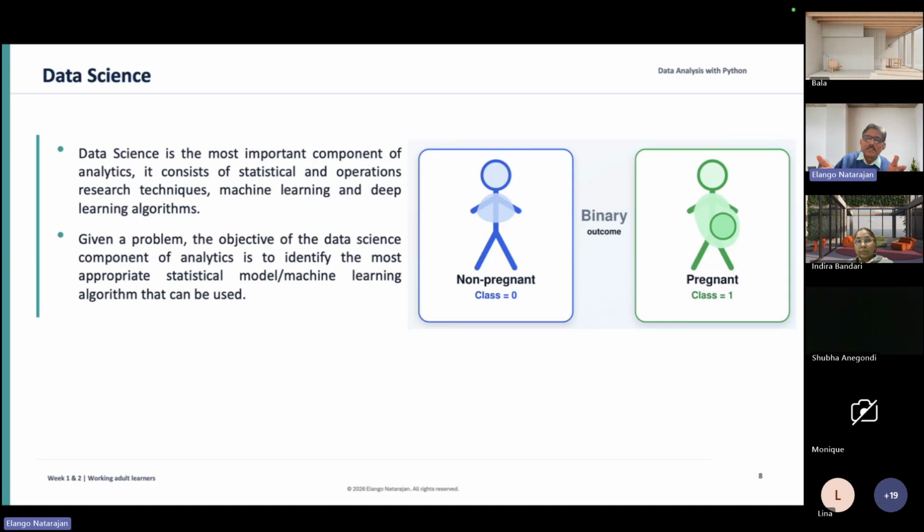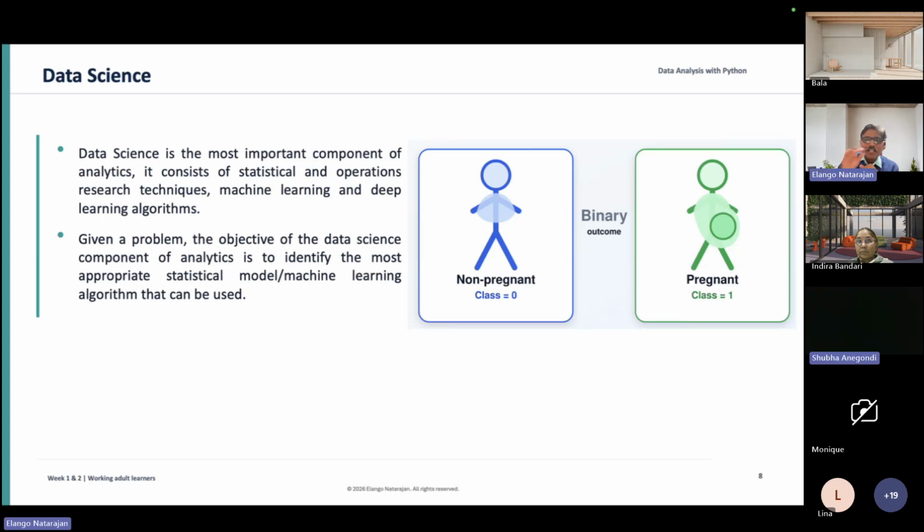Along with this data, you have another variable where it is mentioned pregnant or non-pregnant. It is categorical data which you can use for decision making. So we consider that particular feature and classify or group the data into pregnant and non-pregnant. It's a kind of binary decision.